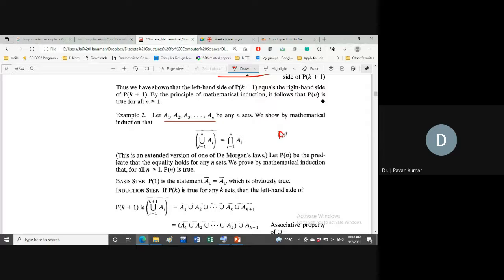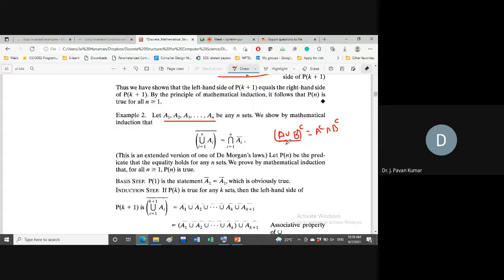What is De Morgan's law? A union B whole complement is equal to A complement intersection B complement. So it is similar to that, but it is an extension to this, with more than two sets.